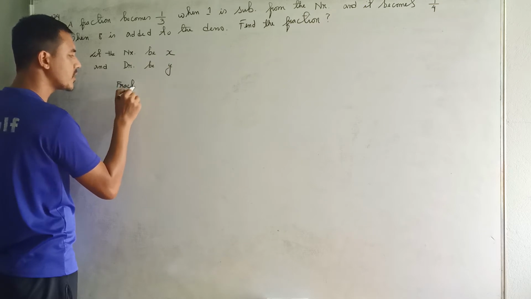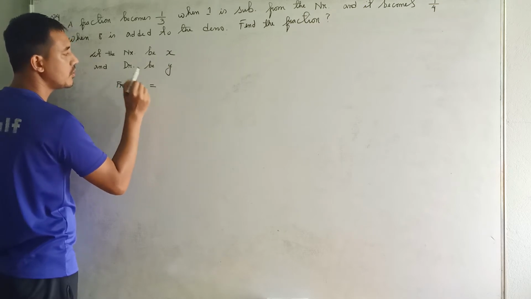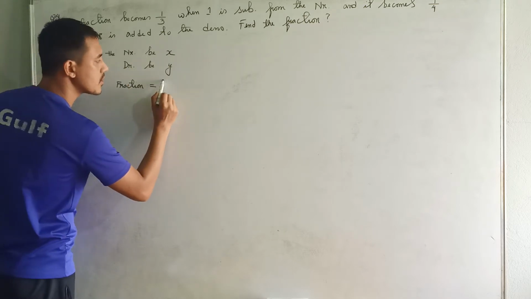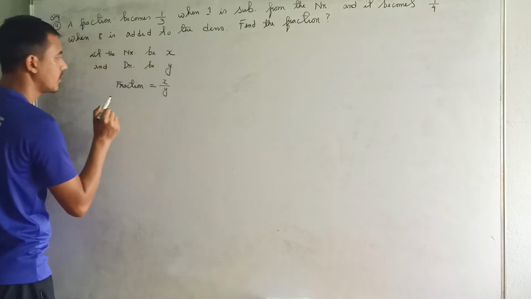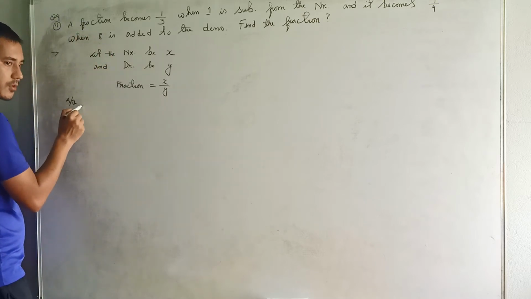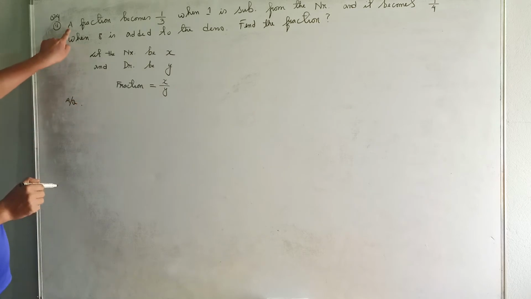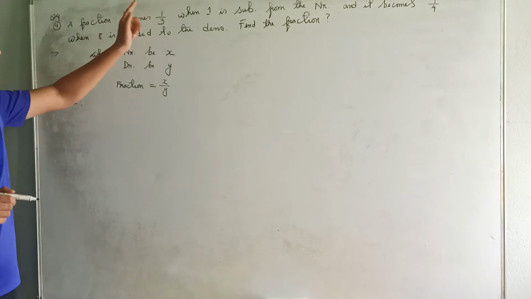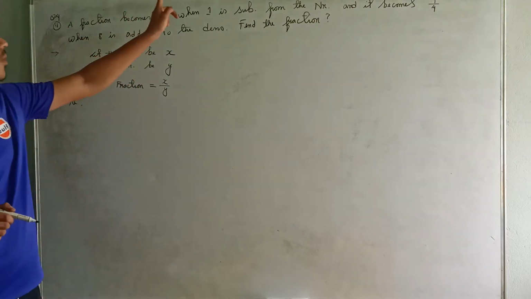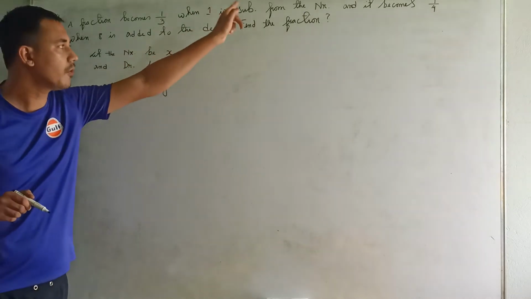So your fraction would be numerator upon denominator, so x upon y. Now the first part of the question says your fraction becomes 1 by 3 when 1 is subtracted from the numerator.